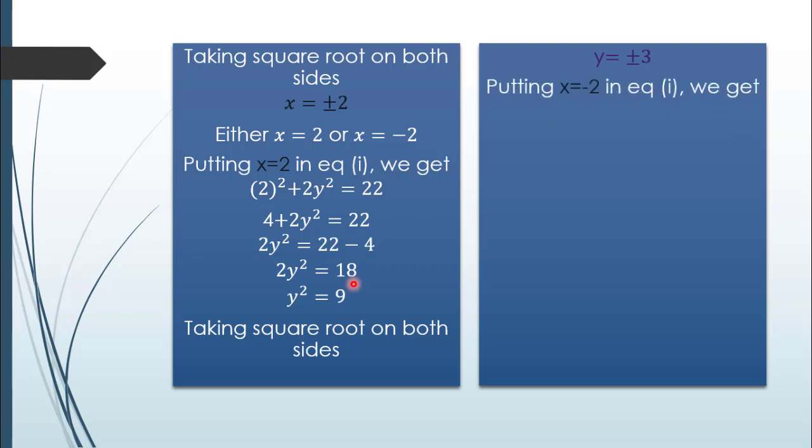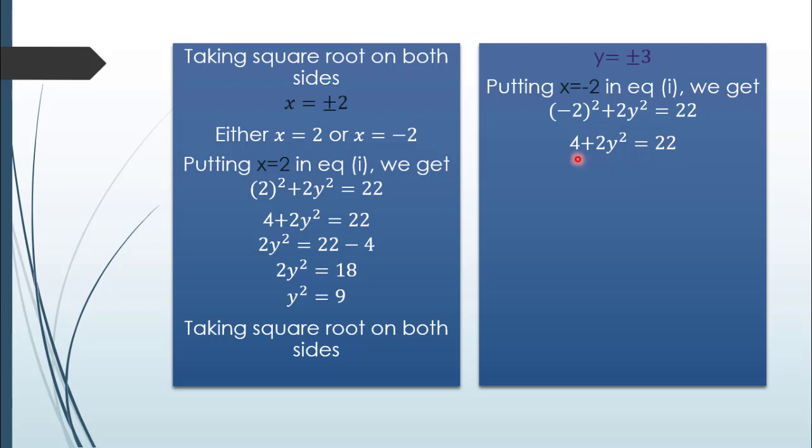Now, we put x is equal to minus 2 in equation 1. That is the second value of x. In equation 1, we get minus 2 square plus 2y square is equal to 22. Minus 2 square is equal to 4, plus 2y square is equal to 22.